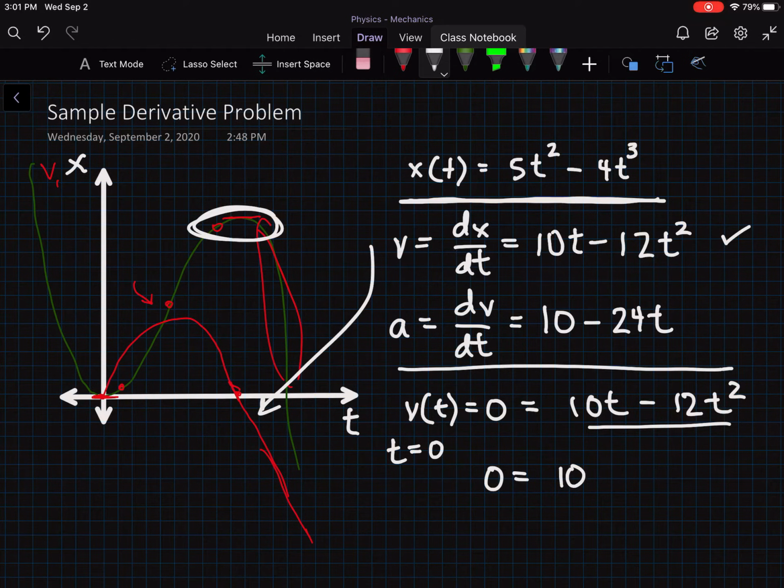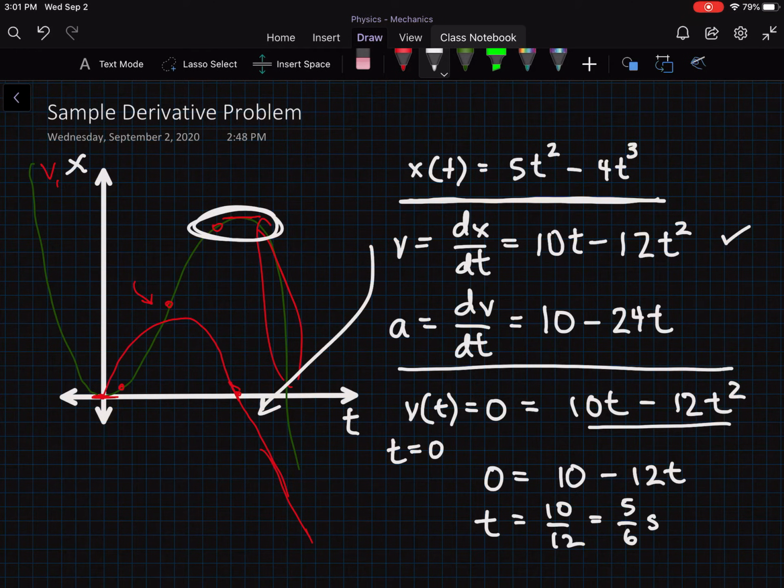So we end up with something that looks like this, because one factor of t drops out when we divide both sides by it. That means the solution is, move that to the other side, divide by 12, you get 10 over 12, which is 5 over 6 seconds.